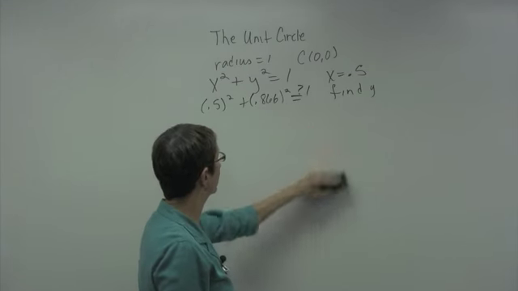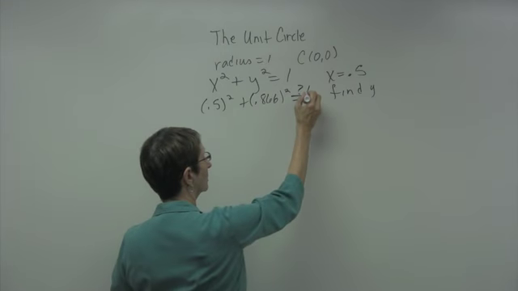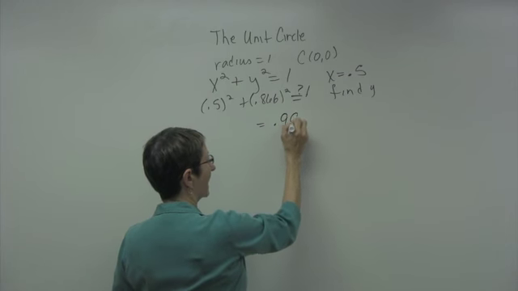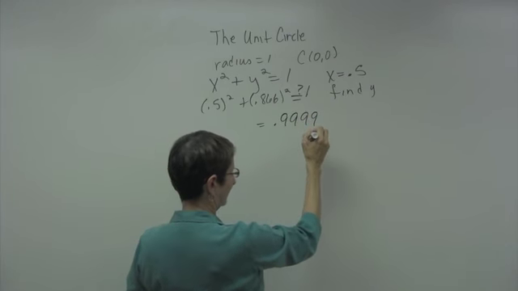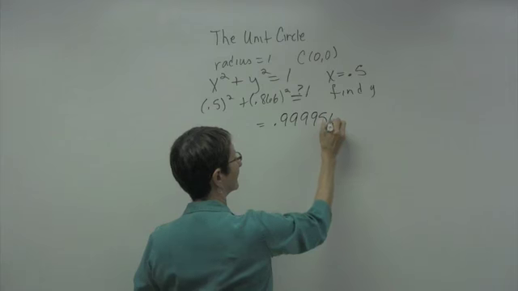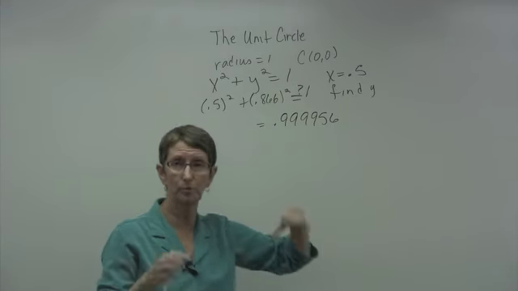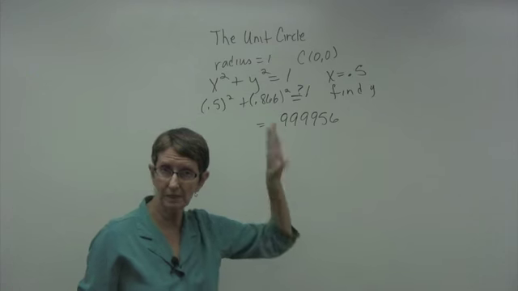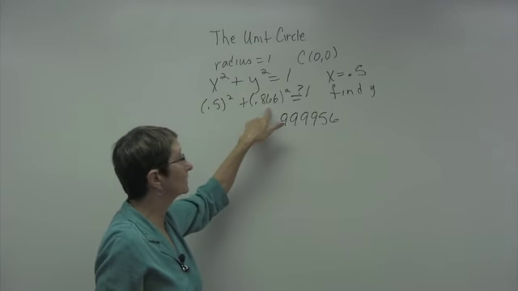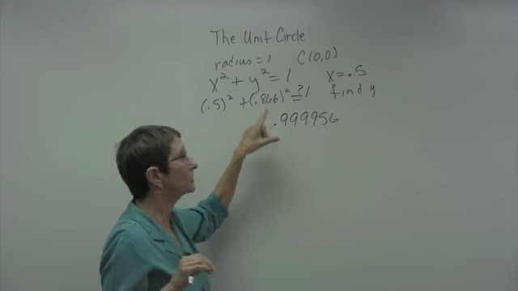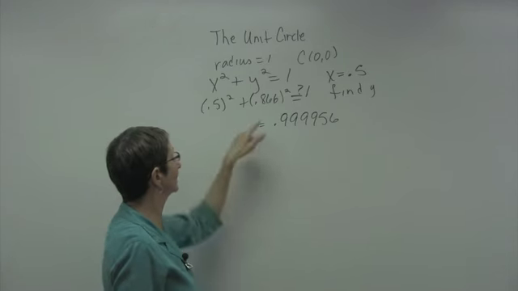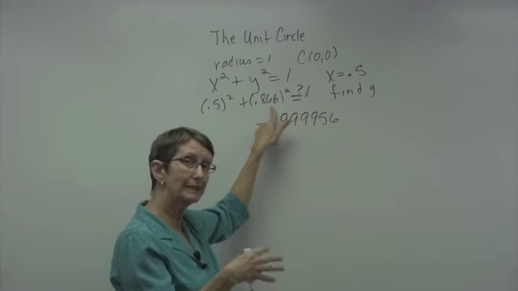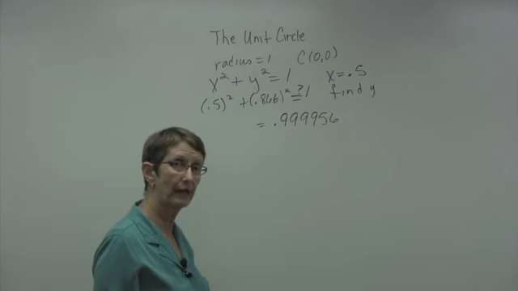Well, when you square it and add them together, what you actually get is 0.9999, I think maybe 56. It's not exactly 1, but it's pretty close. So when you use the calculator with some of these problems, and you're going to use decimals, I know you are, be sure to put in lots of decimal places. I would say this might be enough, but you might want to do maybe 6 decimal places just to be the most accurate way you can.